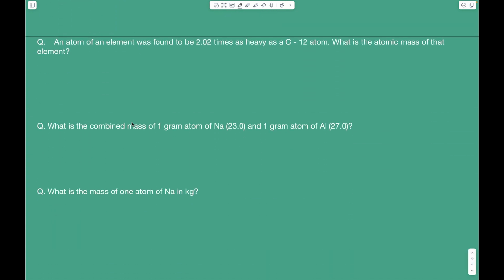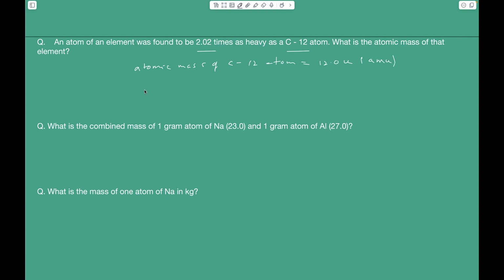An atom of an element was found to be 2.02 times as heavy as an atom of C12 isotope. What is the atomic mass of that element? Simple. What is the atomic mass of C12 atom? By definition, it is exactly 12 U, or incorrectly called AMU.